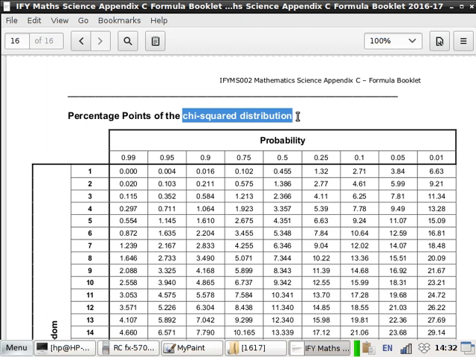Now, I'm assuming they refer to the left, which means I should use this number. If they refer to the right, I should use this number. Let me have a look. It's not quite that one, but let me just go to images here. So let me just check. What did we say 0.9 and 1 was?